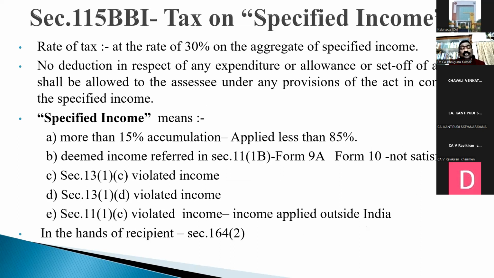So without this, it will come in specified income, deemed income. That is, section 9A and 10B conditions you are not satisfied. That means first year you accumulated, second year you have violated. So Form 10 you filed, the deposit you have withdrawn, then it becomes a specified income. Related party transaction 13(1)(c), 11(5) violation 13(1)(d). 11(1)(c) is foreign income applied outside India. That is 11(1)(c) violation.